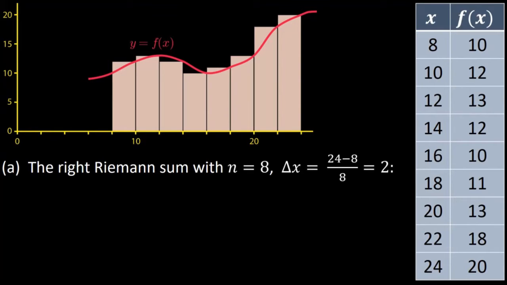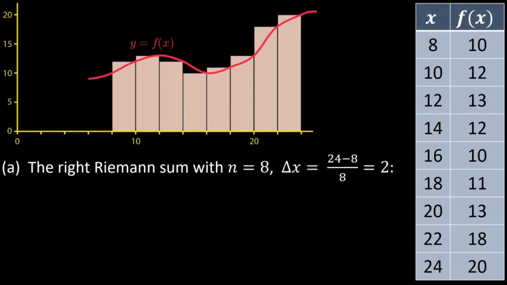I have read off the table of values from the graph for you. If you weren't given a table of values, presumably you can read them off a graph or compute them using a formula, whatever information was given. Now, I don't actually require the graph to answer this problem, but I've shown it here just for pedagogical reasons.